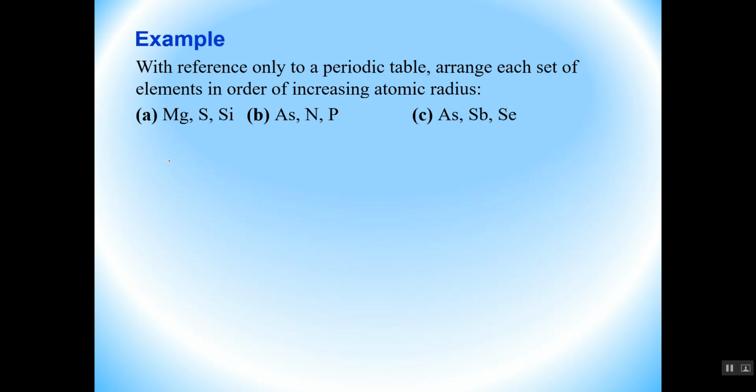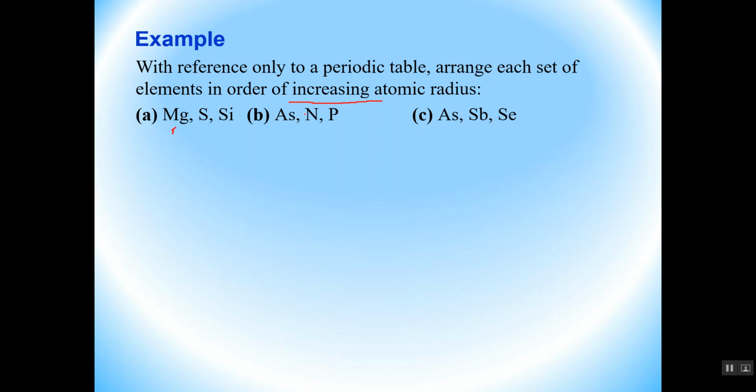All right? And you'll notice also that of these elements, magnesium is to the extreme left of that period. Now, remember we said going from left to right, the atomic radius decreases. And the question says, and let me underline this here, that we need to arrange the elements in order of increasing atomic radius.